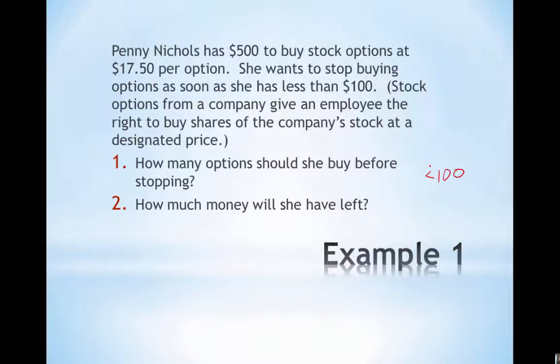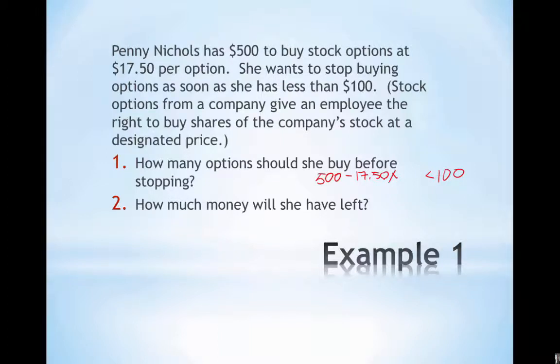Okay? What do you think is going to go on the left side of the sentence? What do we know? What did she start with? 500. Well, how much does it change each time? $17.50, right? Every time she buys a stock, her money goes down by $17.50. Okay?